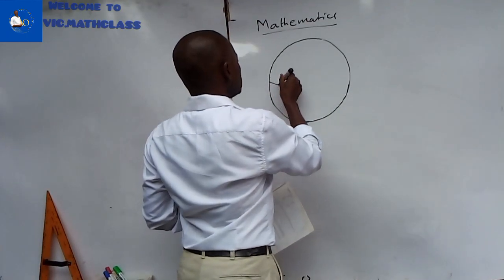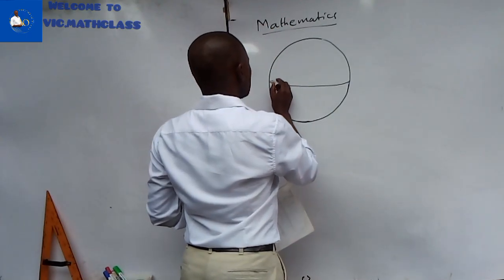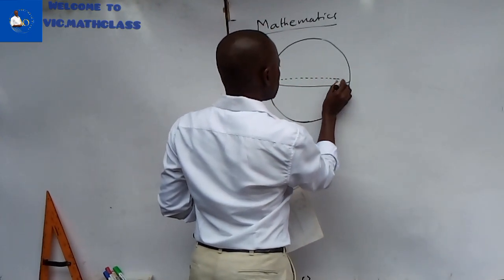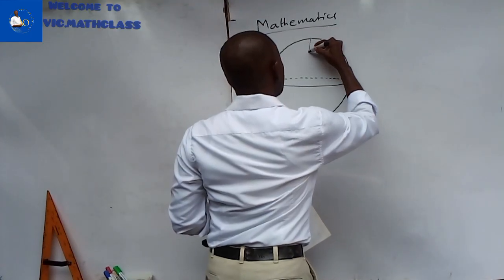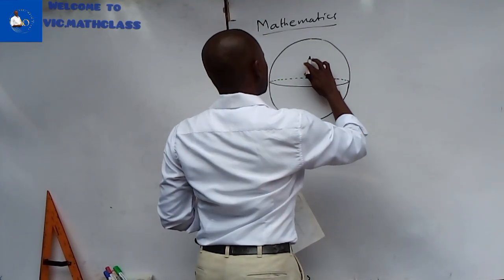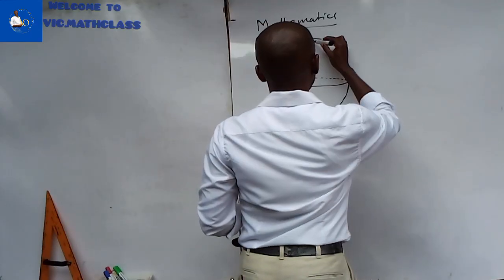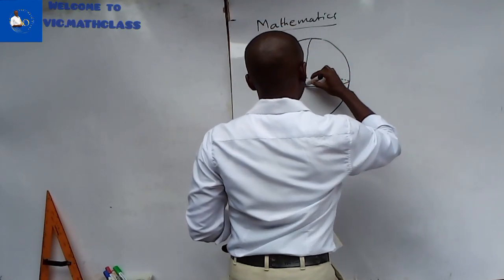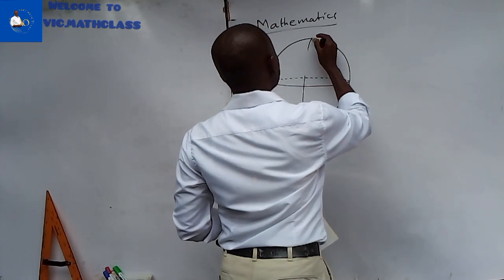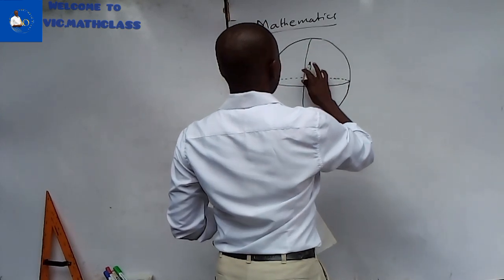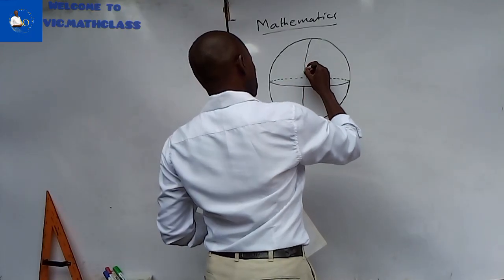This is the equator. This is the Greenwich meridian that runs from the north to the south. Please permit me again, like I said, that this is a sketch to buttress what I am trying to present to us.